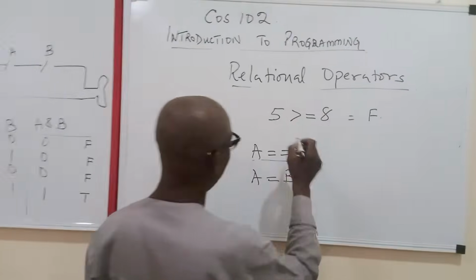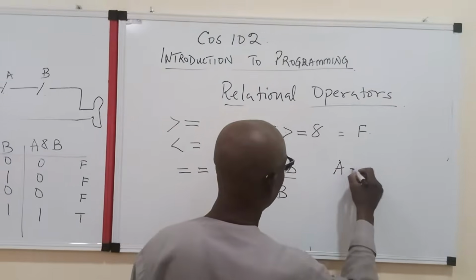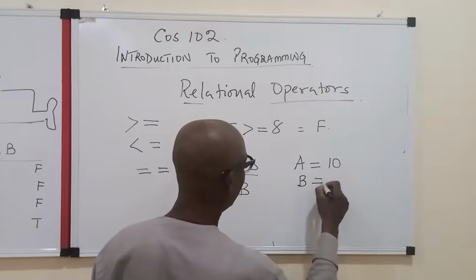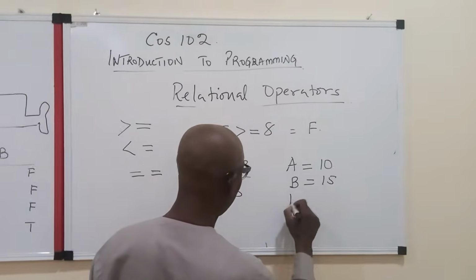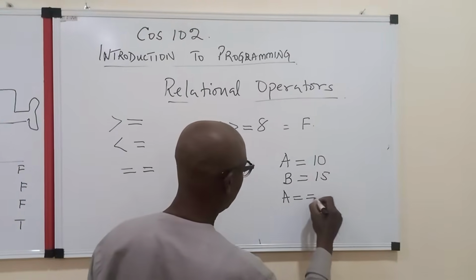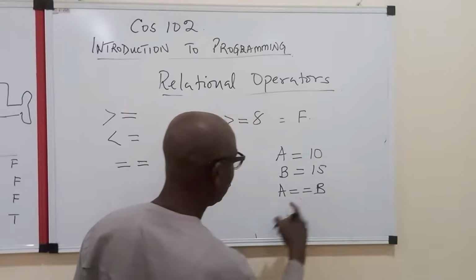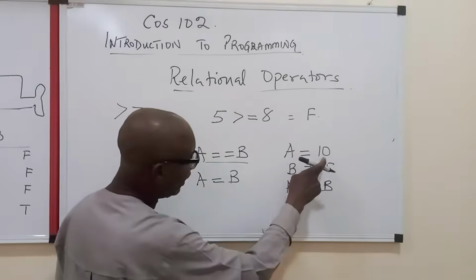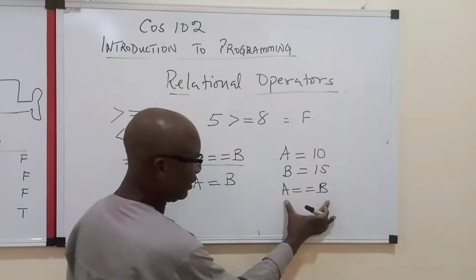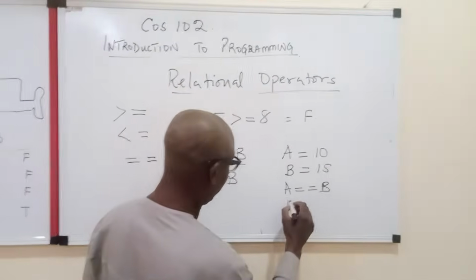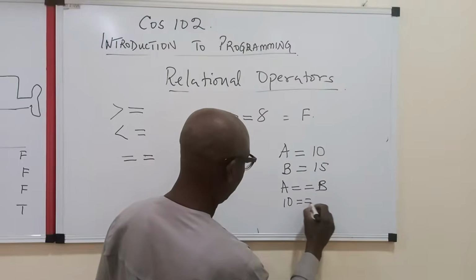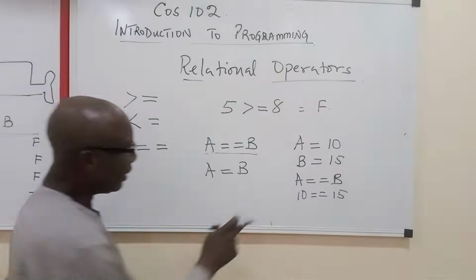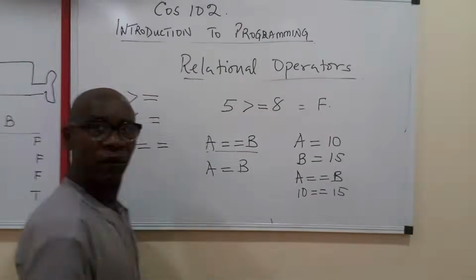So if we assign to A 10 and we assign to B 15, the statement A double equal to B is going to give us false because A and B, 10 and 15, are not equal. It is like comparing these two. So the result is going to be false.